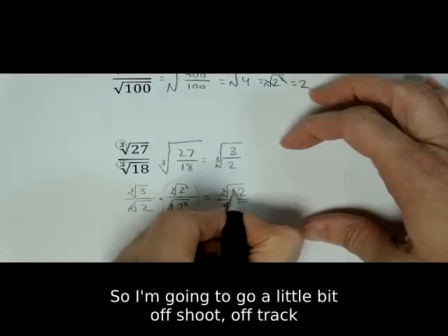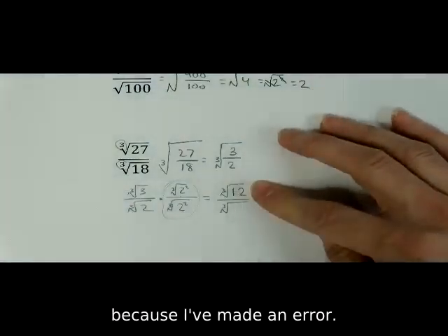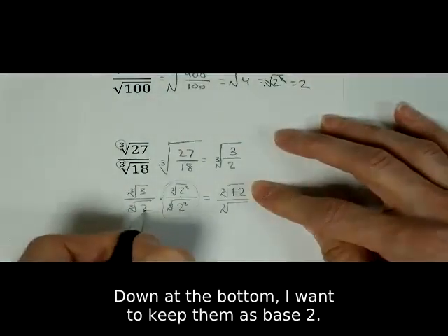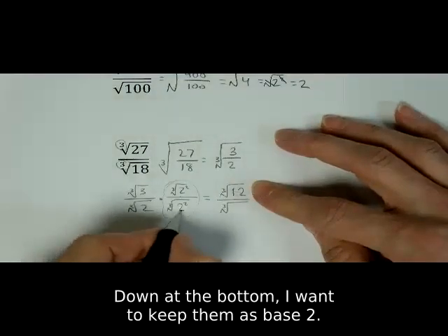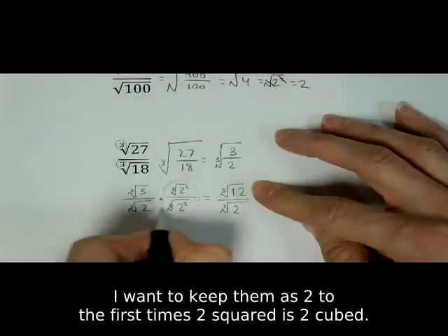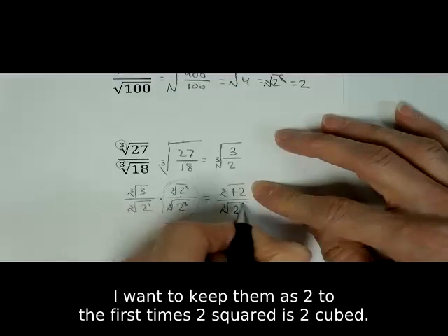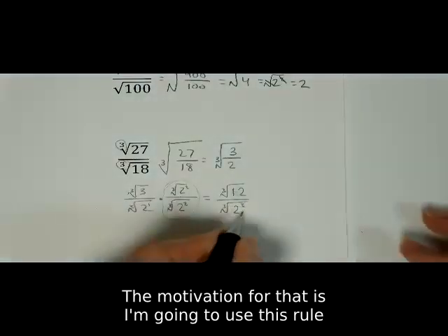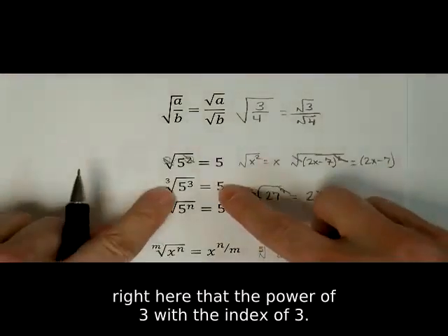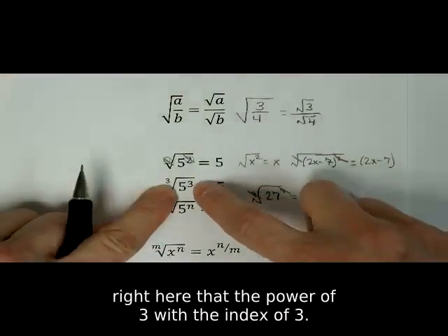So I'm going to go a little bit off track because I made an error. Down at the bottom, I want to keep them as base 2. I want to keep them as 2 to the first times 2 squared is 2 cubed. The motivation for that is I'm going to use this rule right here, that the power of 3 with the index of 3.